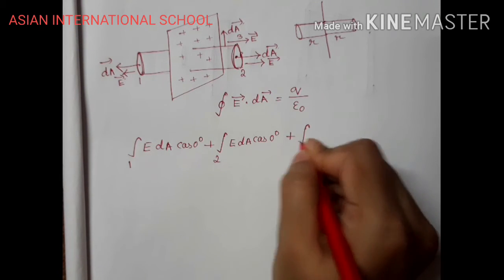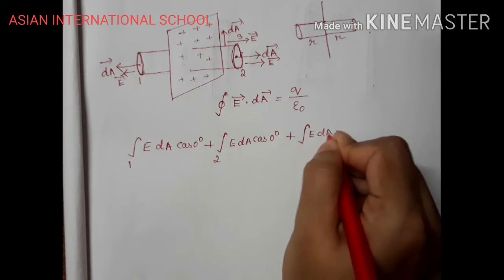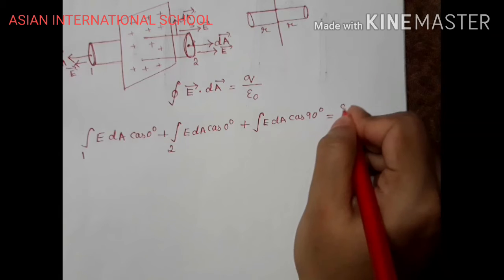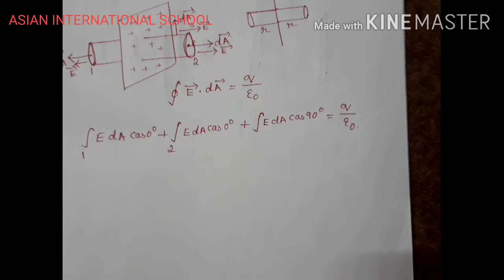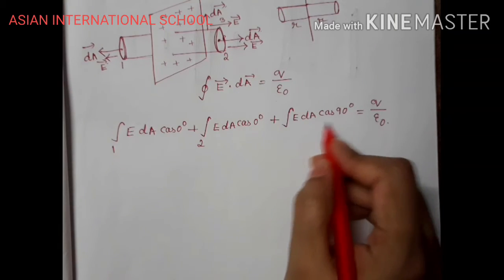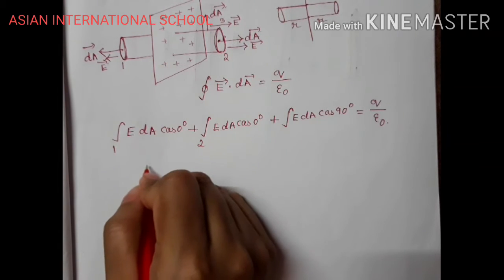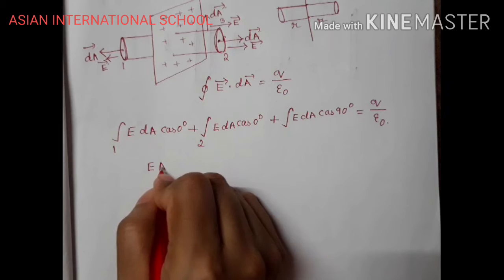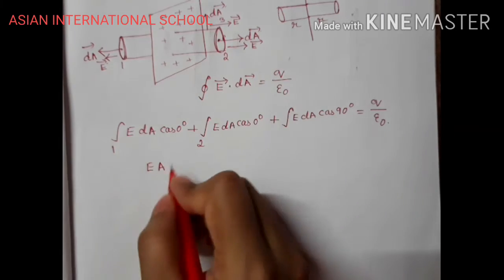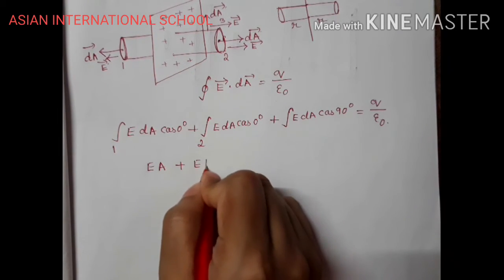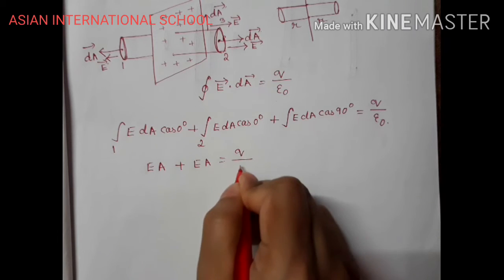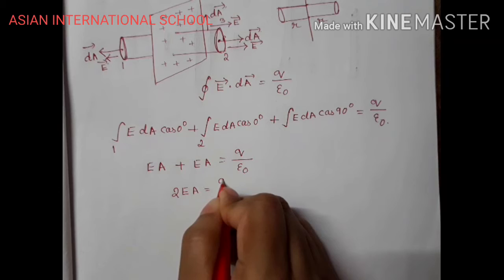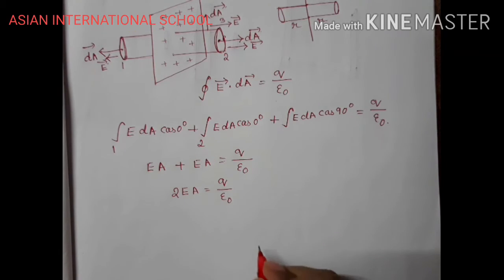Then for portion 3, E dA cos 90 degree, equals Q by epsilon naught, right? So cos 90 is 0, so I will be getting E coming out. If I do the integration of dA, it will become A, the cross sectional area. So EA plus EA equals Q by epsilon naught. Hence I can write 2EA equals Q by epsilon naught, right?